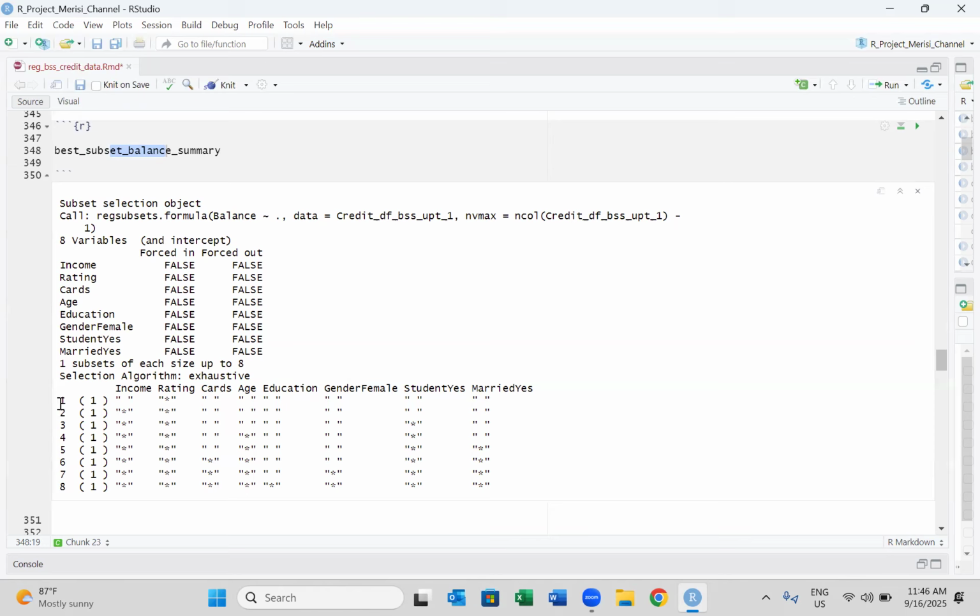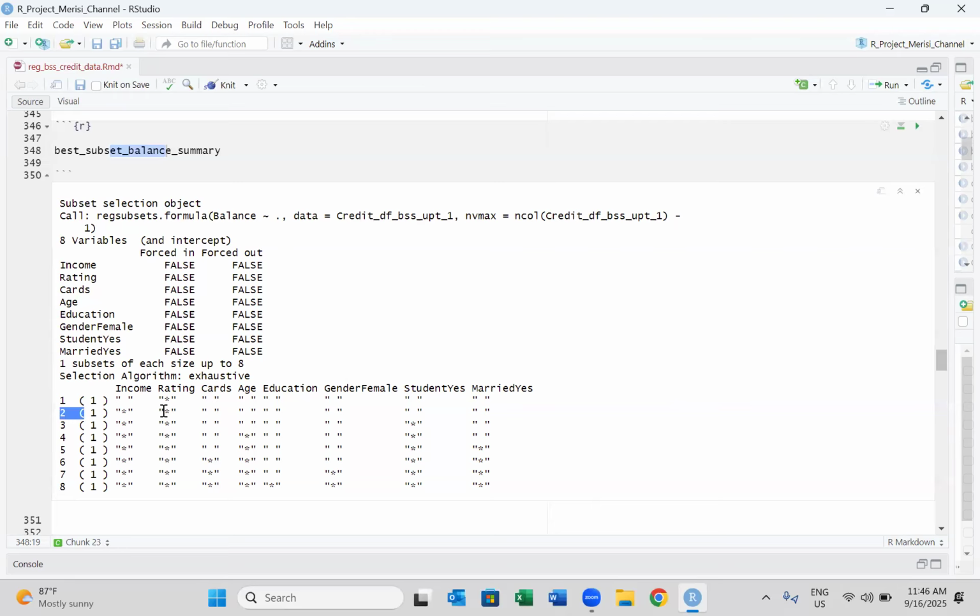So let's take a look at the first row. I highlighted the first row. At what column do you see the asterisk in the first row? Here, rating. And what that means is, if you want an equation with a single predictor, that single predictor should be rating. So rating will give you the best equation of size 1.